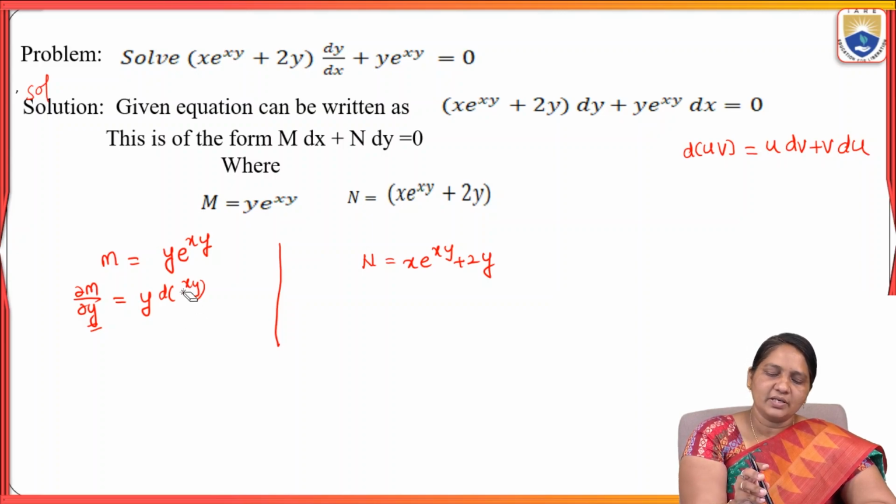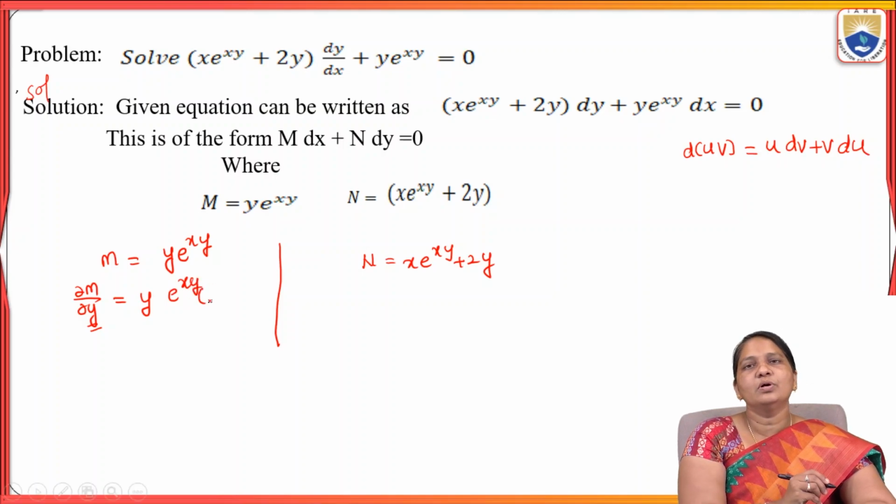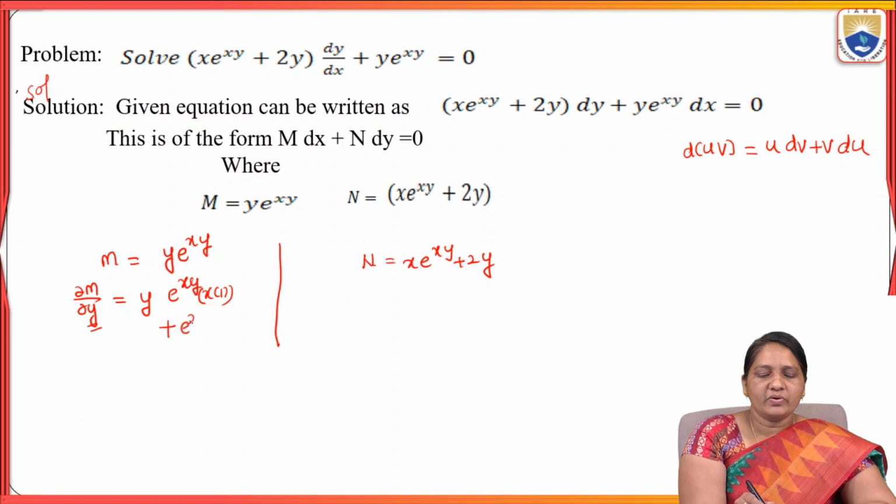The derivative of e power xy is e power xy into, with respect to y, x is the constant, so derivative of xy is x, plus e power xy is the constant. Now the derivative of y is 1. So finally, dou m by dou y is y into x e power xy plus e power xy.